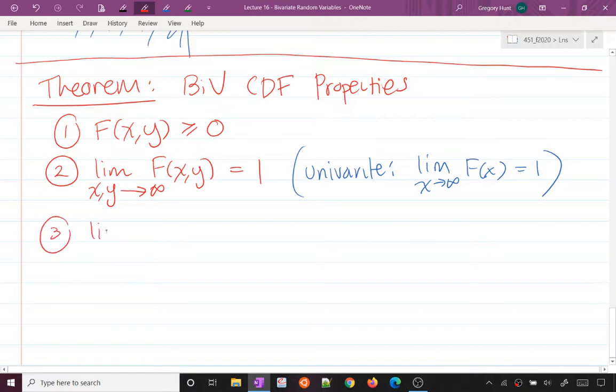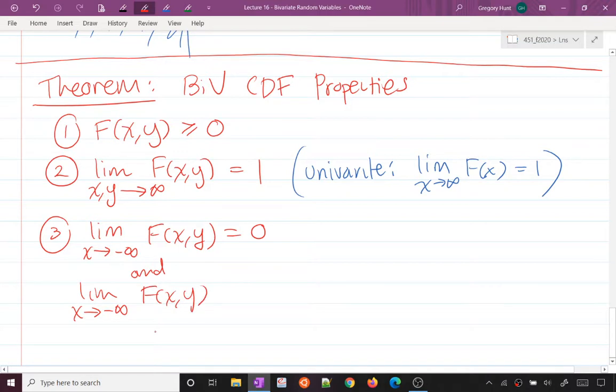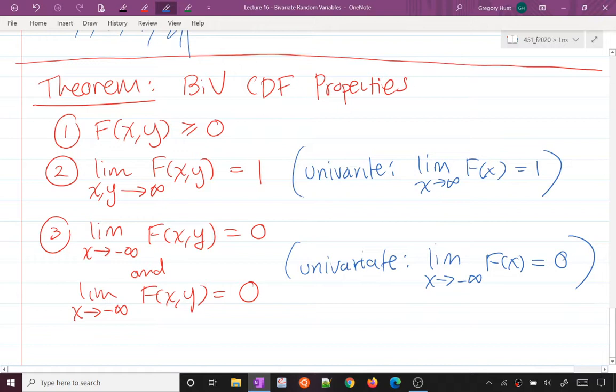Third property, if I send either of my two variables, x or y, to negative infinity, I'm going to get 0. So if I send x to negative infinity of F(x,y), fixing y, I'll get 0. Or if I fix x and send y to negative infinity, I'll also get 0. And this is the analogous case where in the univariate case, the limit at negative infinity of my univariate CDF was also 0.